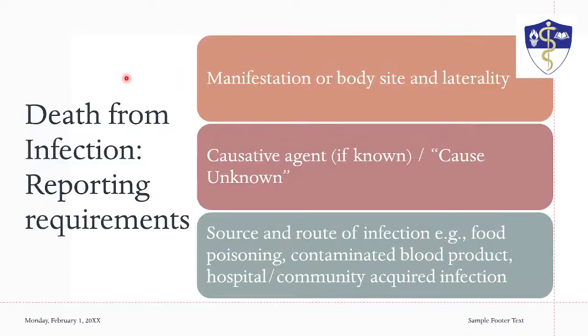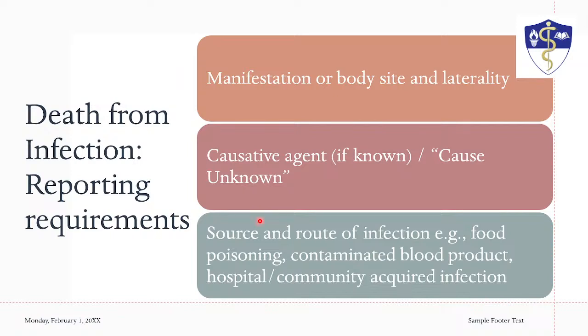Death from infection. So here it is. Instead of septicemia or sepsis, you have to write down the body site. Left foot, like earlier, diabetic foot gangrene. Laterality, manifestation, causative agent if unknown. So: diabetic foot, left, with gangrene, cause unknown.